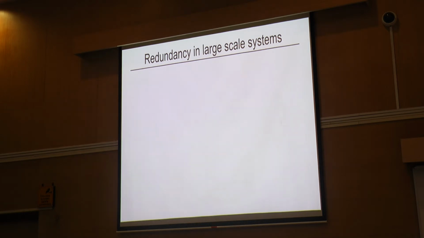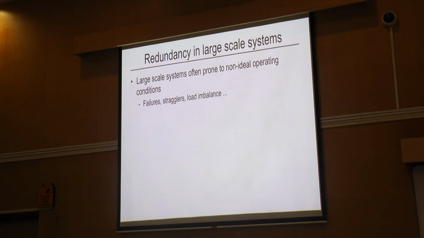So in all these large-scale distributed systems, one thing is common, that is they are prone to non-ideal operating conditions, such as failures, unavailabilities, load imbalance, and so on. And adding redundancy is one of the key ways of providing resilience to such non-ideal conditions.